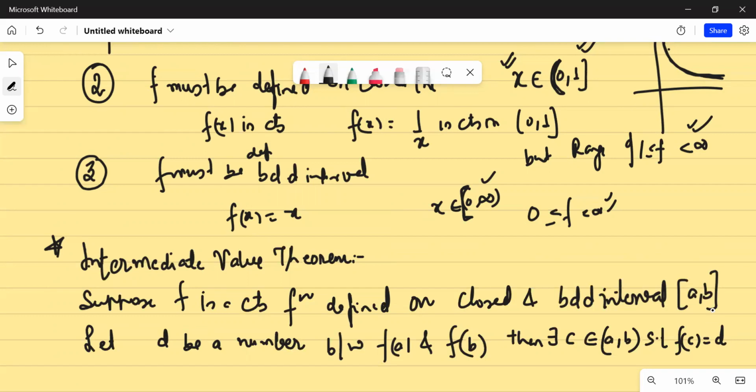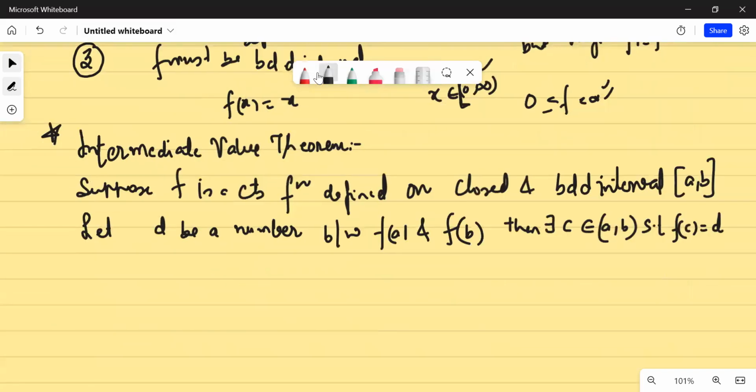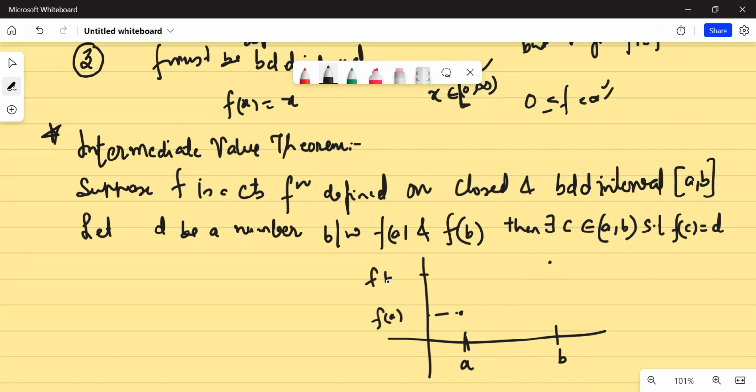So what I want to say is that let's say my function is a continuous function, and it is defined on a closed interval a to b. At a my function value is f(a), and at b my function value is f(b).